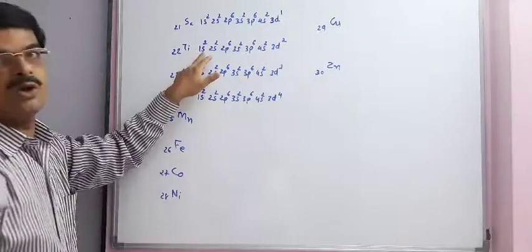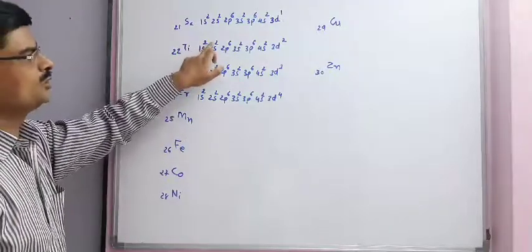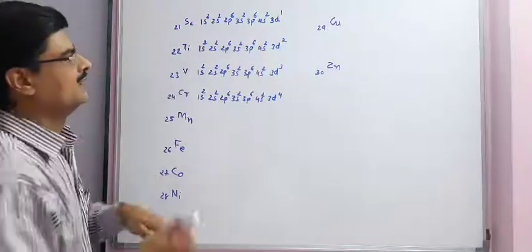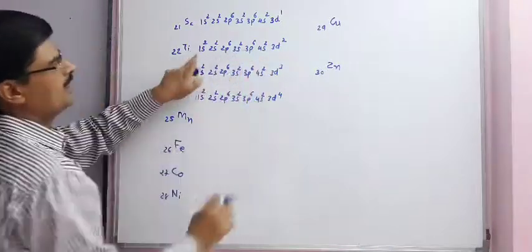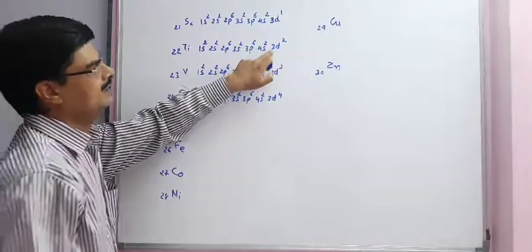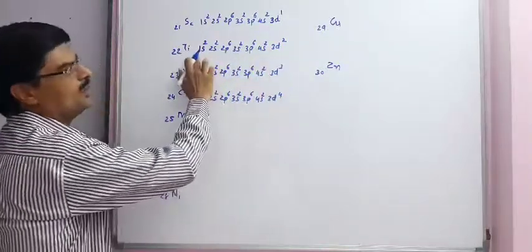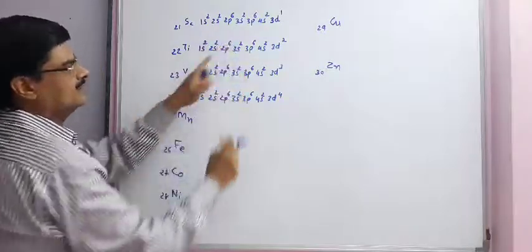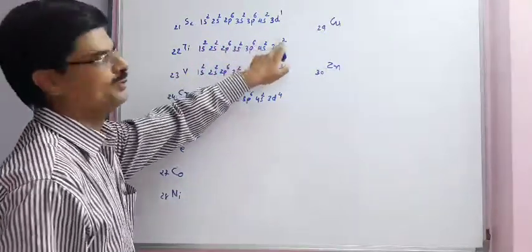So total number of electrons 2 plus 2 plus 6, that is 10, plus this 18. Now 1s2, 2s2, 2p6, 3s2, 3p6, 4s2 and 3d raised to 2. So total number of electrons are 22: 2 plus 2 plus 6 plus 2 plus 6 plus 2 plus 2.